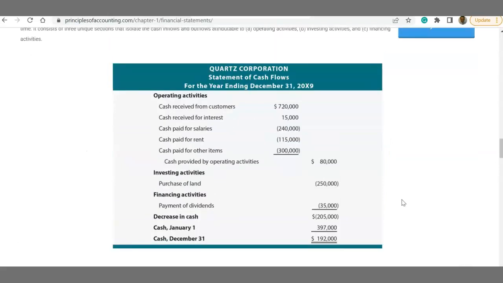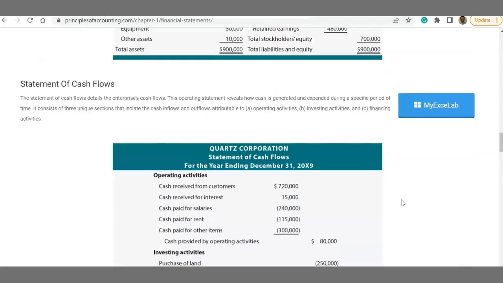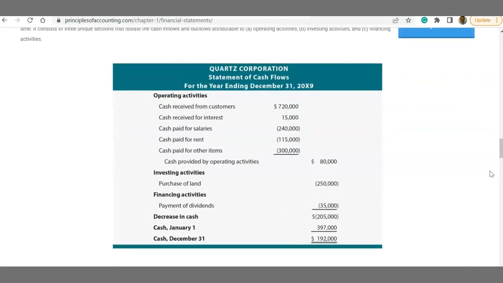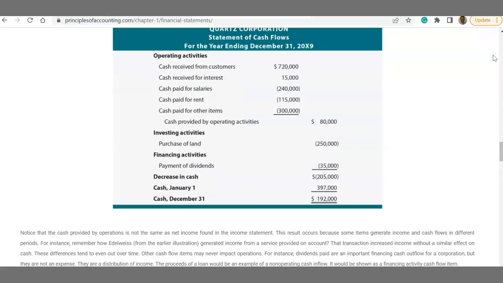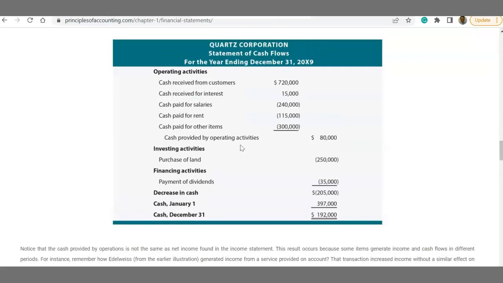Okay, report number 4 is the cash flow statement. We have a chapter for the cash flow statement by itself, but for now, it's just so you know, the cash flow has 3 parts: operating activities cash flow, investing activities cash flow, and financing activities cash flow.